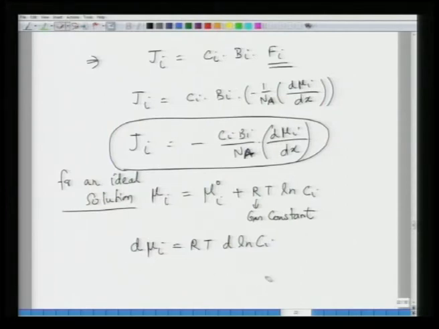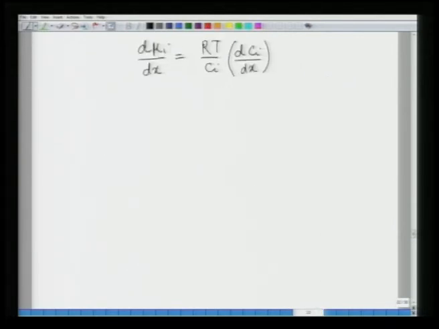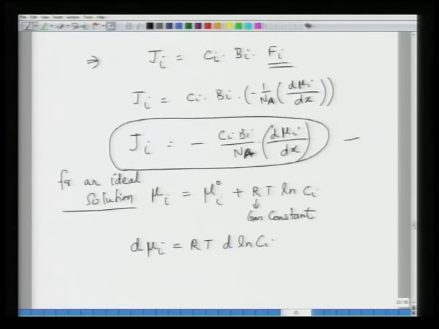So, basically d mu i is equal to RT d ln Ci. Now, if I take this d mu i by dx, which will become RT by Ci into dCi by dx. Now, you substitute this expression in this expression.